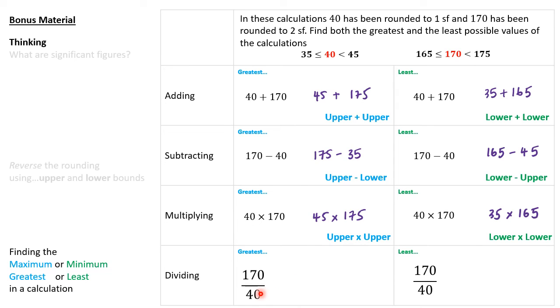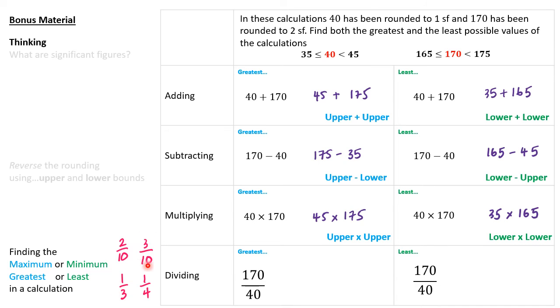When we do dividing, it's worth having a bit of a think about this to the side. So I often think of 2/10 compared to 3/10, and I can see 3/10 will be the biggest fraction out of these two. So I know I need to get the biggest number in the numerator. And in the denominator, which of these fractions will be the biggest? A third is bigger than a quarter, so I need the smallest denominator.